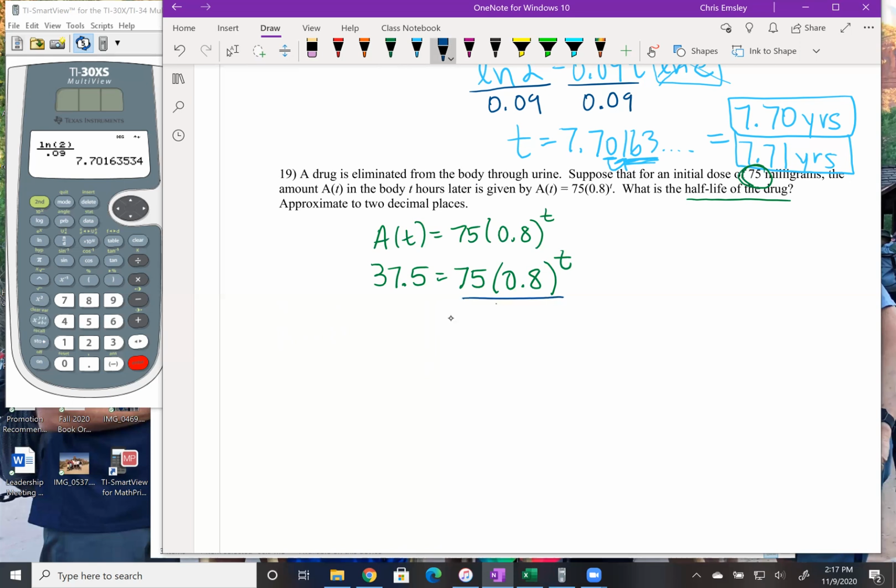We'll divide both sides by 75. And we get over here 0.5 equals, over here the 75's cancel, and we have 0.8 raised to the power of t. Here you can take the natural log or the common log of both sides. It doesn't matter which one.